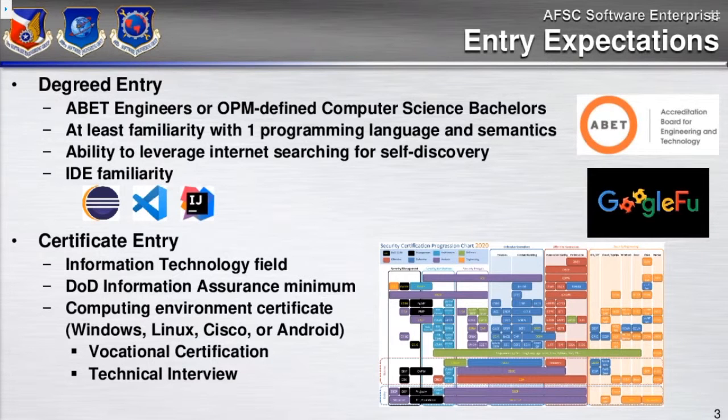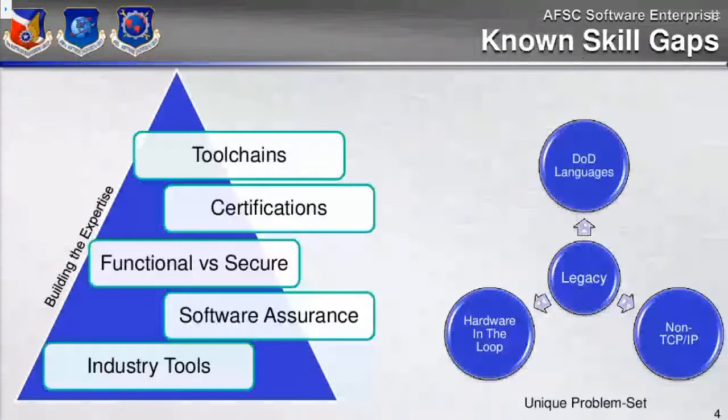And based on what that certificate is depends on what kind of knowledge they bring into the organization. So if you're coming in with just a certificate, that's probably going to be some sort of entry level, maybe journeyman entry. And our degree folks usually come in with little work experience, but with that foundational knowledge they gained from whatever degree program they've arrived from. So let's go to the next slide.